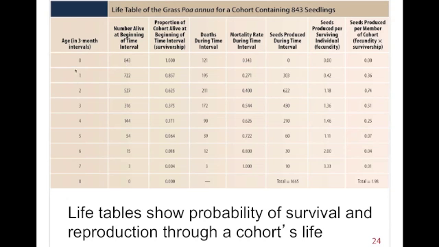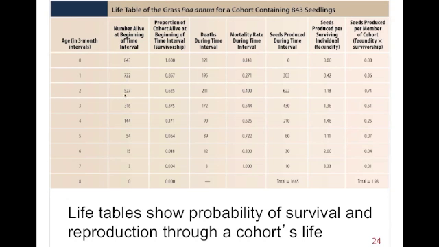You come back at some other point in the future, let's say 3 months later. Time 1 is 3 months later, time 2 is 6 months later, time 3 is 9 months later, etc. Each time you come back, you count the number of surviving individuals. Remember, you started out up here with 843, so at time interval 1, there's only 722 remaining.